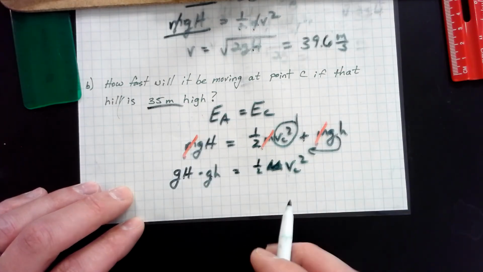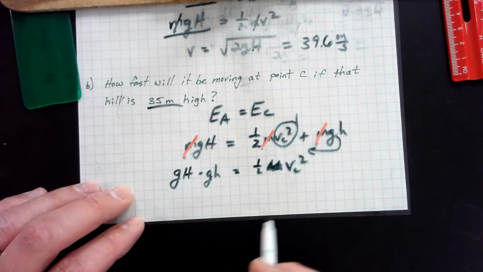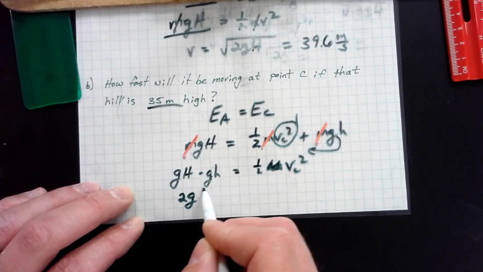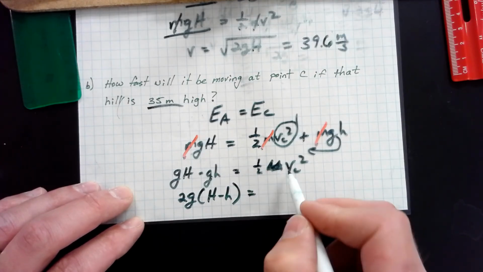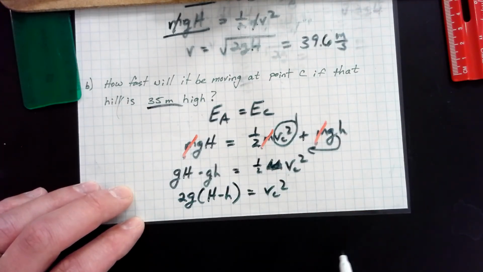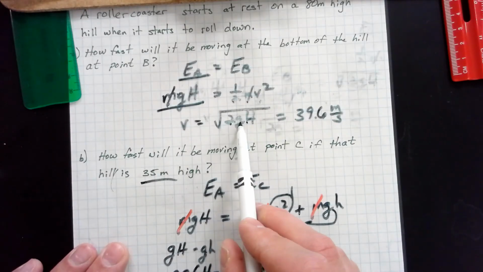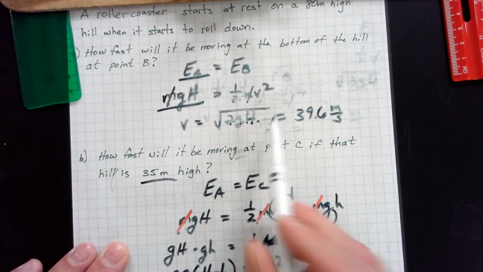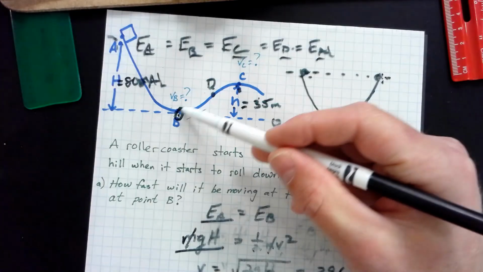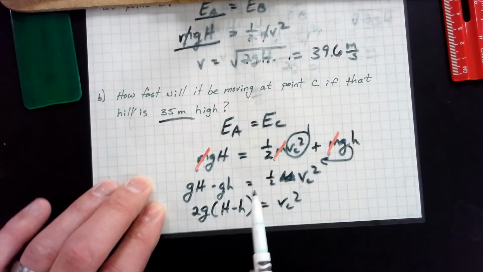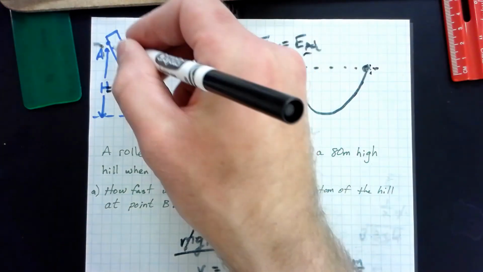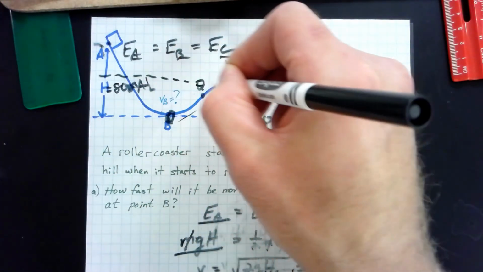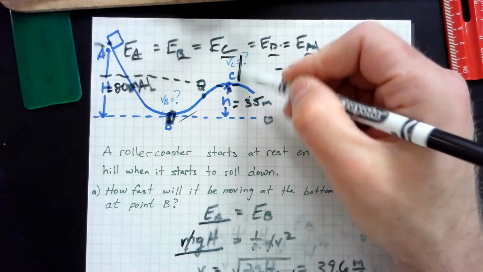You can factor the g out, and then you're multiplying everything by 2 anyway. So you get 2 times g, and then you subtract the heights. It's the difference in the heights that determines how fast the object is going to be moving there. It's very similar to this. Look, 2gH minus 0. Why? Because we were at 0 height. Now this is 2g times H minus other h, because we're just going from here down to that height. So we only need that amount of a drop there.